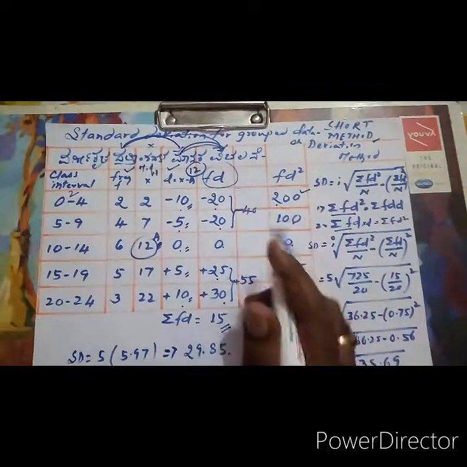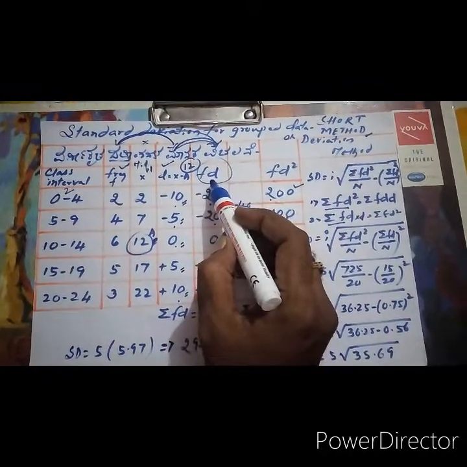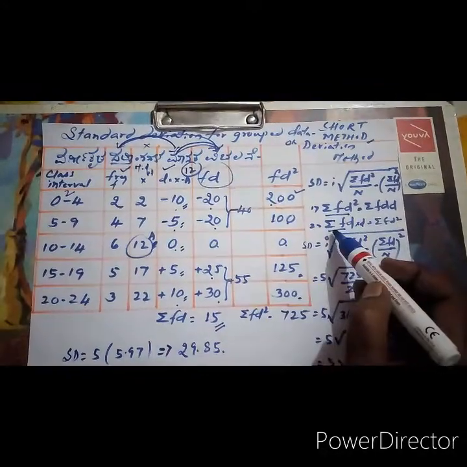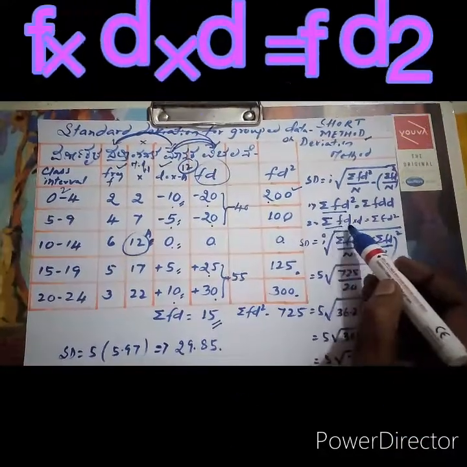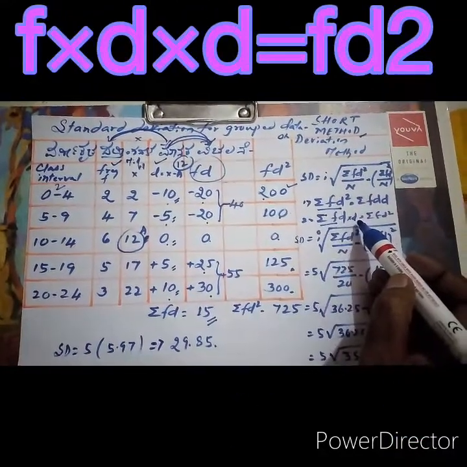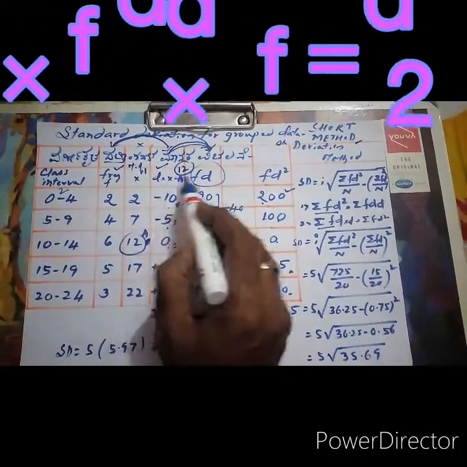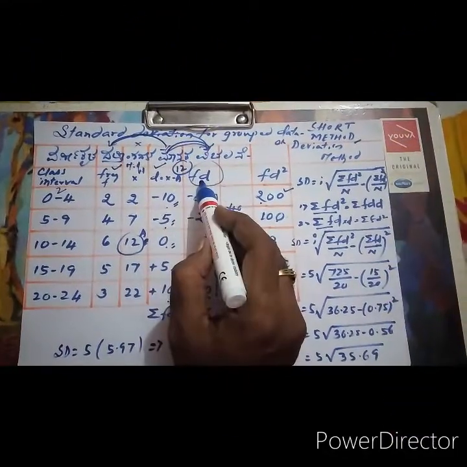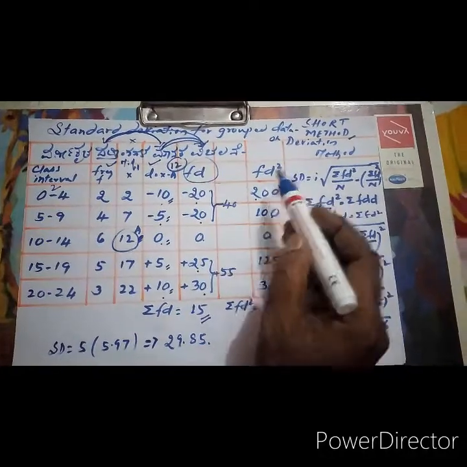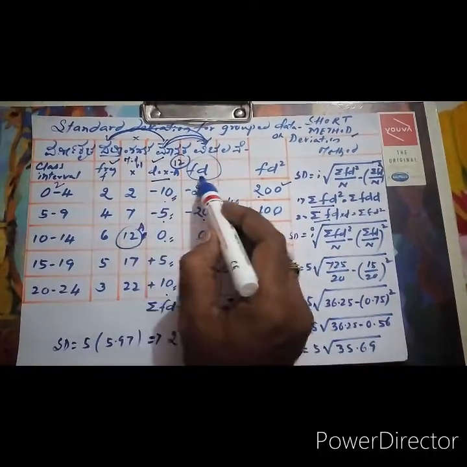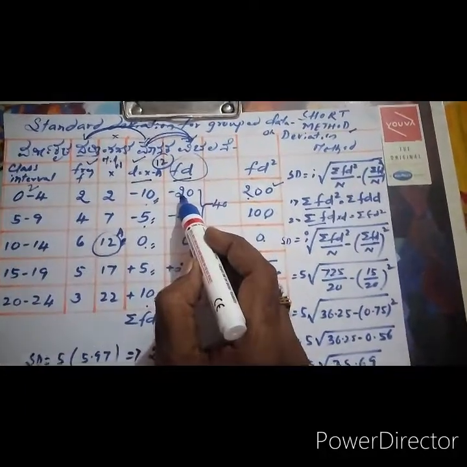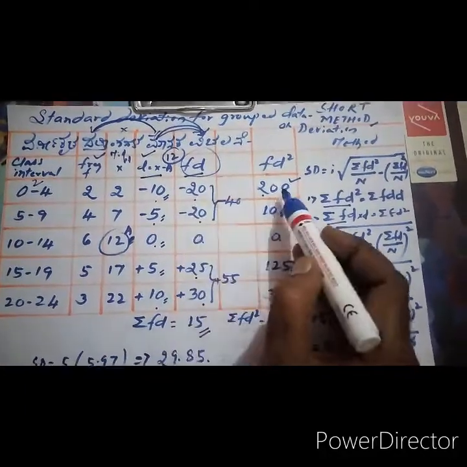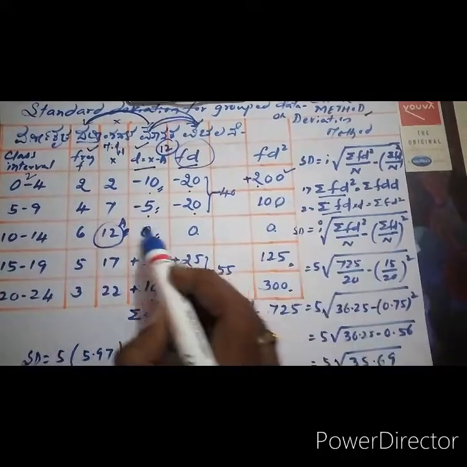Next we want summation fd square. It is very simple: fd into d. These two columns are multiplied again, then we get fd square. See, d is this and fd is this. Minus 10 into minus 20 is plus 200.